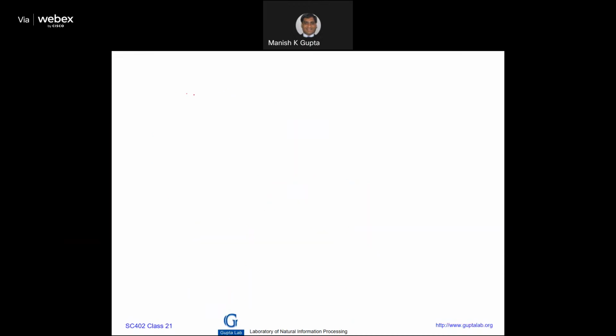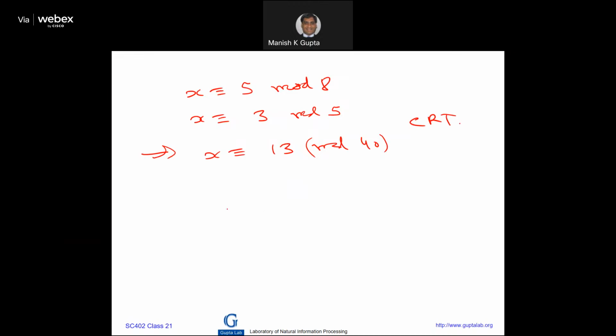By the Chinese remainder theorem, x is congruent to 13 mod 40 using CRT. Therefore, 7 raised to power 13 is equal to 12 mod 41. So, such a lengthy step, but it works.